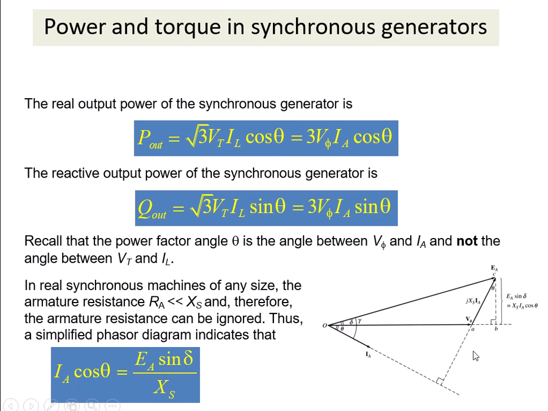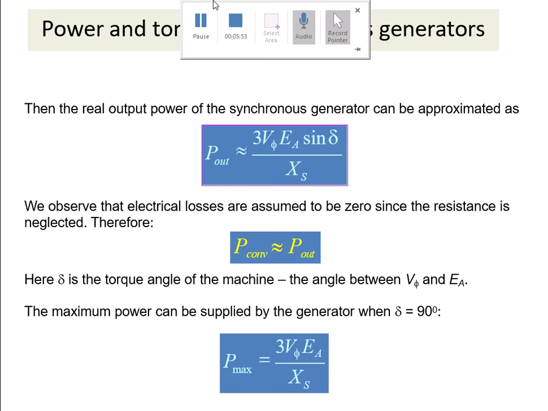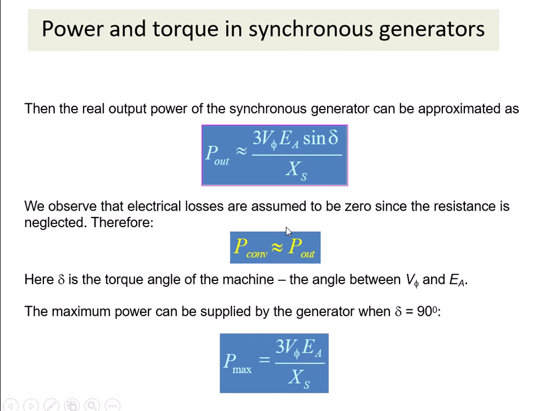So our diagram is simplified and we get IA cos theta equal to EA sin delta upon XS. The real output power of the synchronous generator can be approximated as P out equal to 3 V phi EA sin delta upon XS.